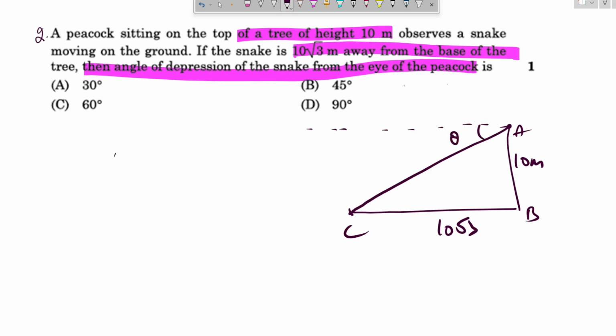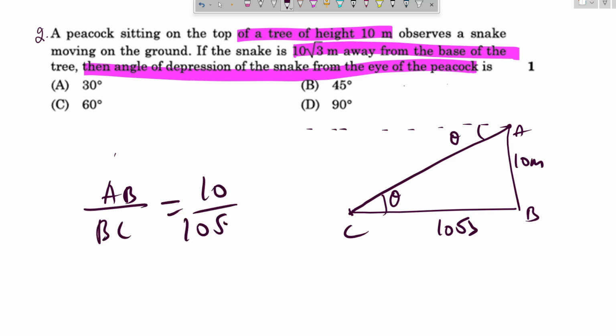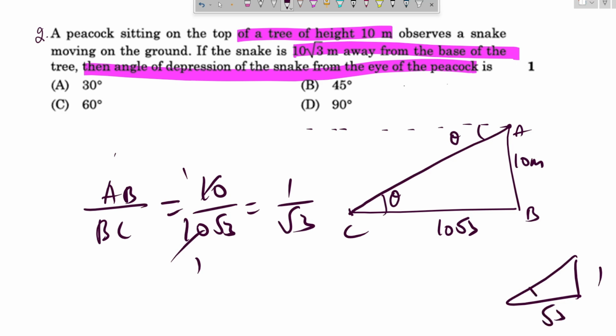That gives you the angle of depression theta, and by the parallel line concept, alternate interior angles are equal, so you can take angle ACB as theta only. Now for which value of theta will you get opposite by base as 1 by root 3? For 30 degree. So here my theta value must be 30 degree.